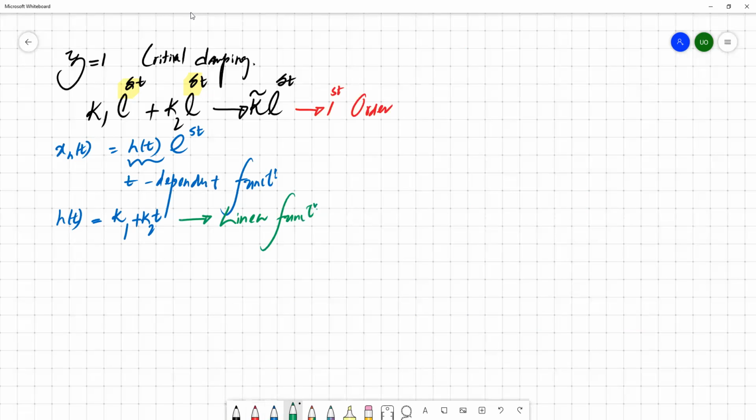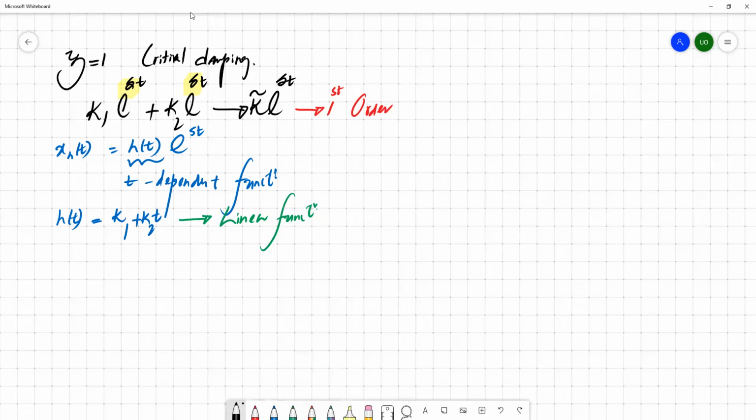Previously, in the general scenario, this would be just a constant. But if you end up with real roots that are equal, this constant term is replaced by a linear term, K1 plus K2 t.